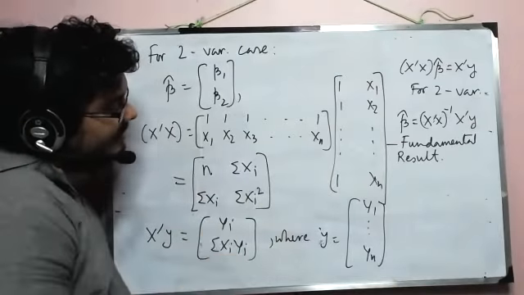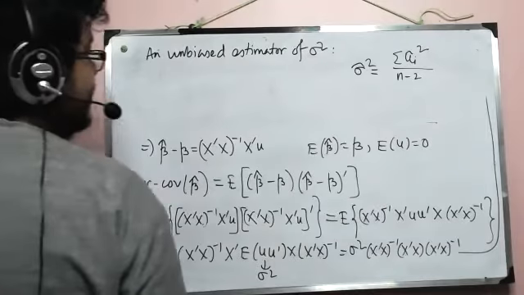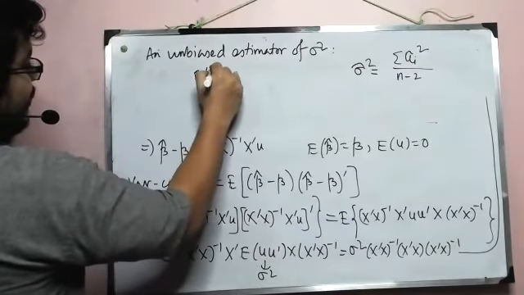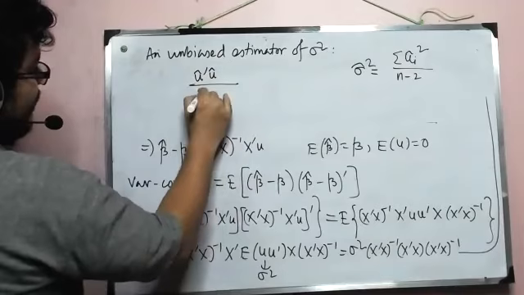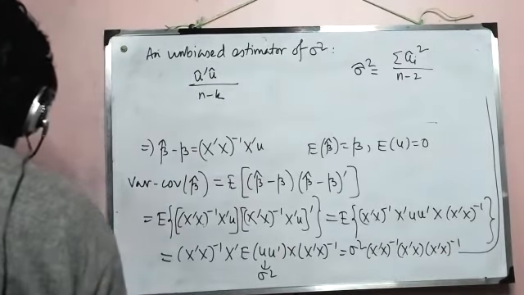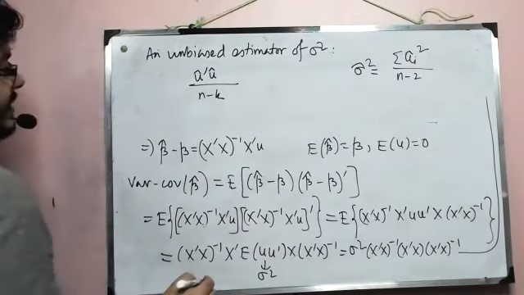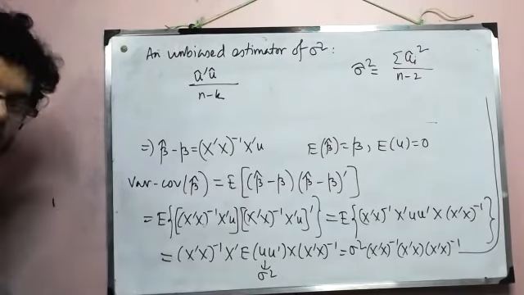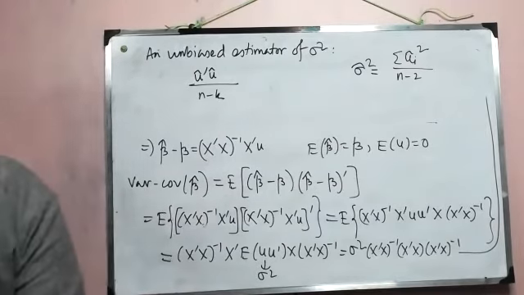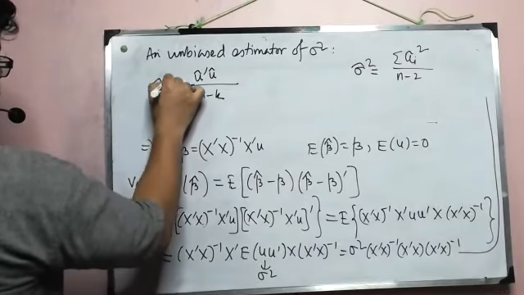of sigma square. And earlier, I'll just write the sigma hat square for the two variable case, and it was the sum of u hat square divided by n minus 2. So here you have seen that this sum of squares can be well represented by u hat transpose u hat, and this n minus 2 becomes n minus k. Okay, because k is the number of parameters, so the relevant degrees of freedom is obviously n minus k, and this becomes our sigma hat square here.